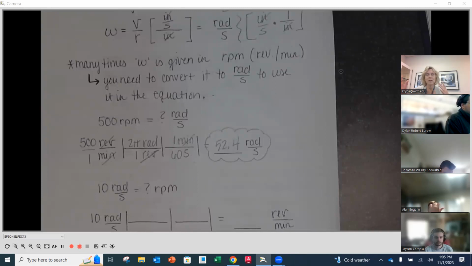Even when I do inches to feet or feet to inches, if I don't have my calculator, I have to write it out. Do I divide? Do I multiply? I'm not sure, and I don't want to get it wrong, right? So write it out. I'm insistent on that. I want to see that. It's a good habit to get into.